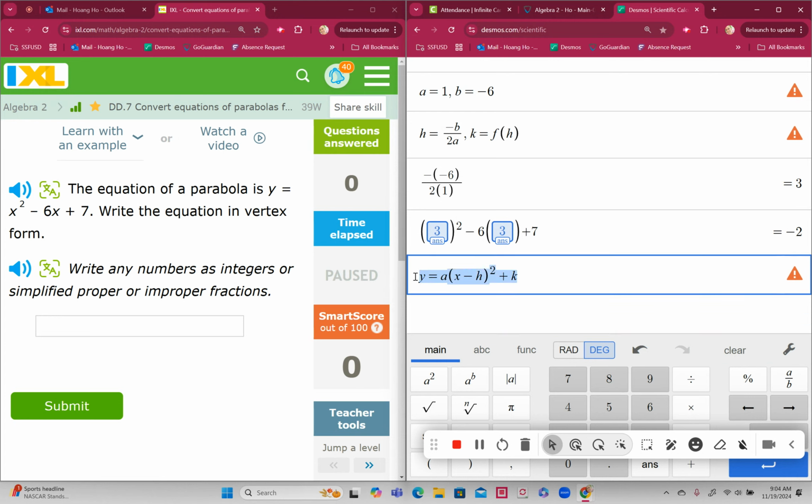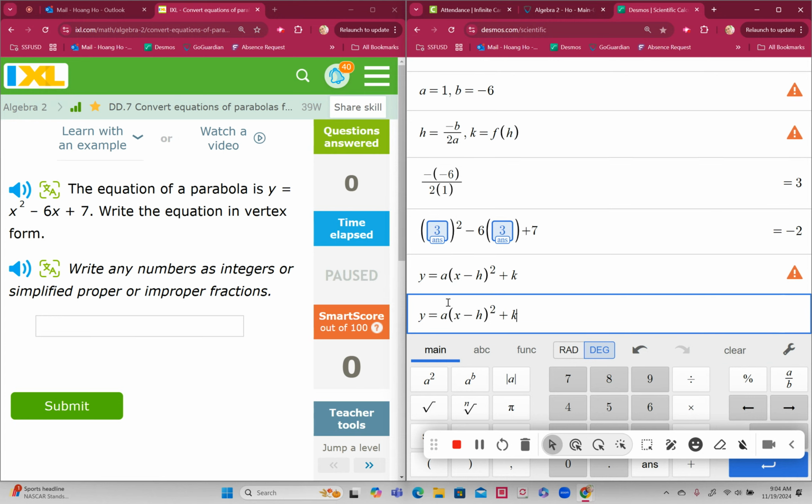Control C, Control V. All right, I got it. I got A equal 1, so I substitute A equal 1. The H came out equal 3, so I put down the 3. And the K came out negative 2, so I put in negative 2. That's it. So I got my equation.